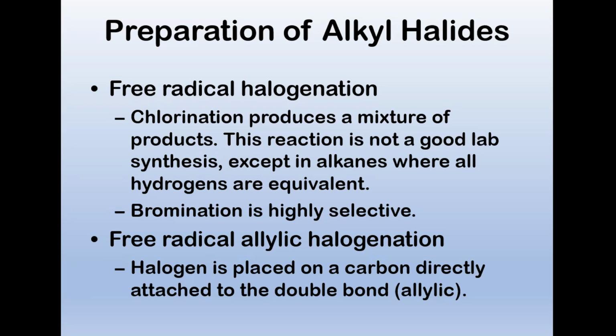So here's a new method, free radical allylic halogenation. We will find out what the allylic group is. The halogen is placed on a carbon directly attached to a double bond. That makes it allylic.